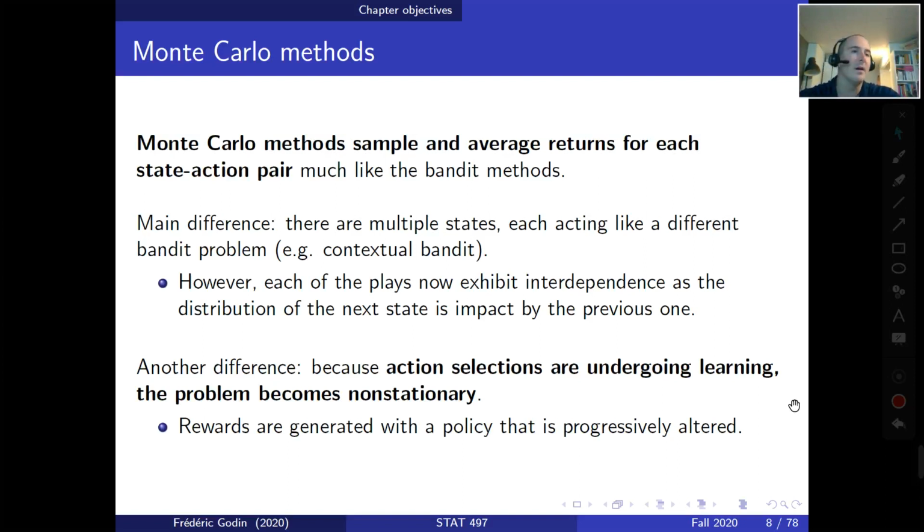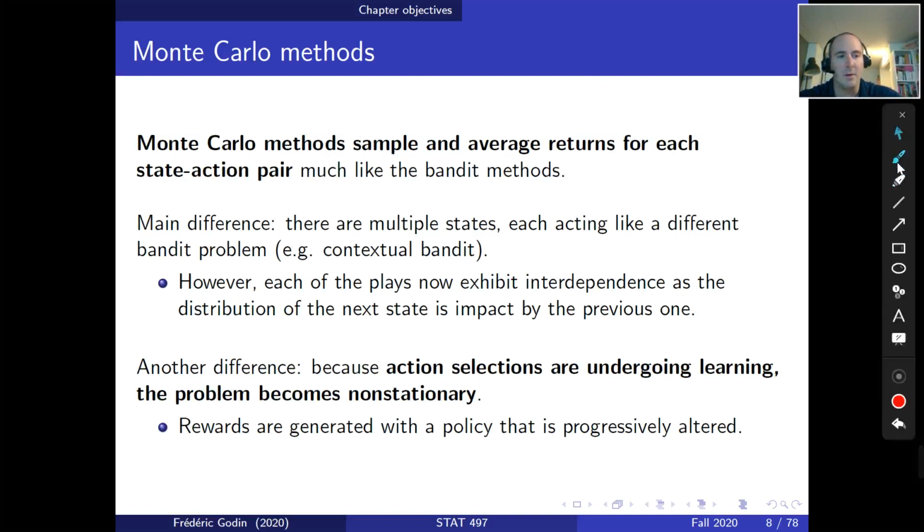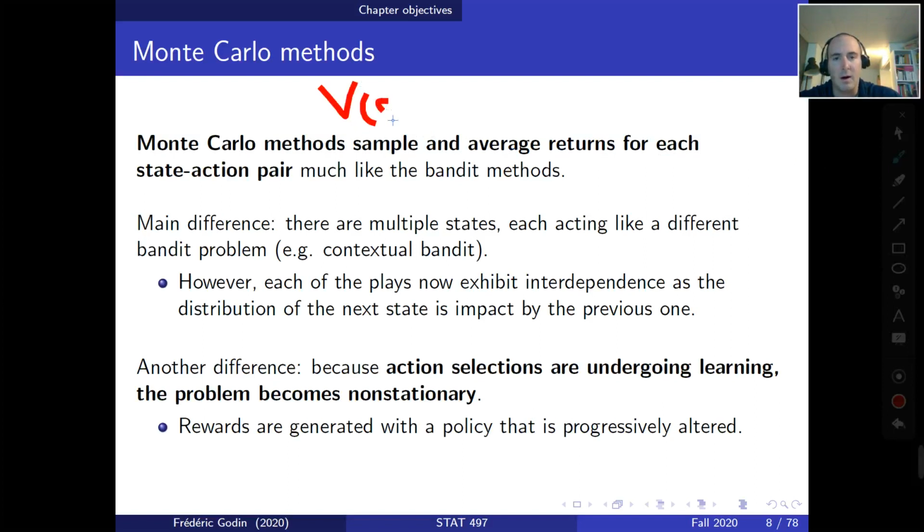So the idea would be to simulate many paths of the Markov decision process, and then the idea would be that you could approximate the value of a state action pair as the average return.